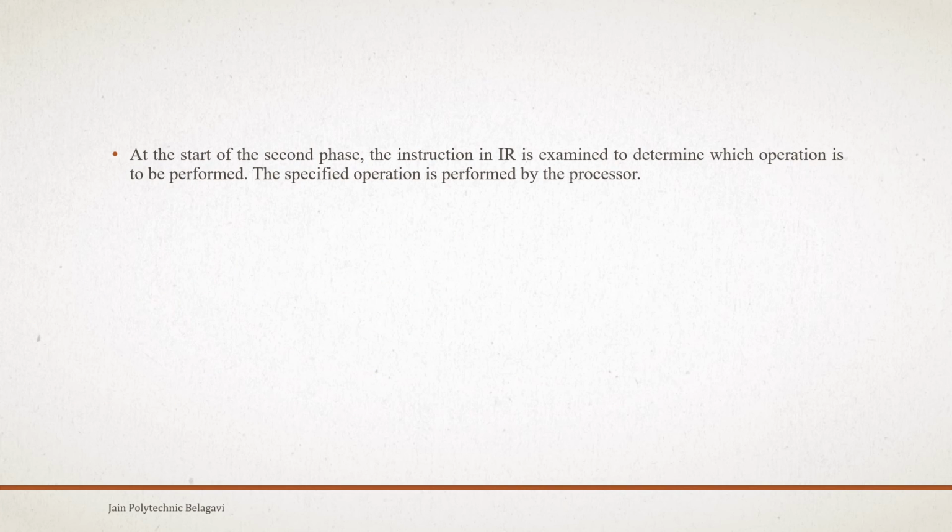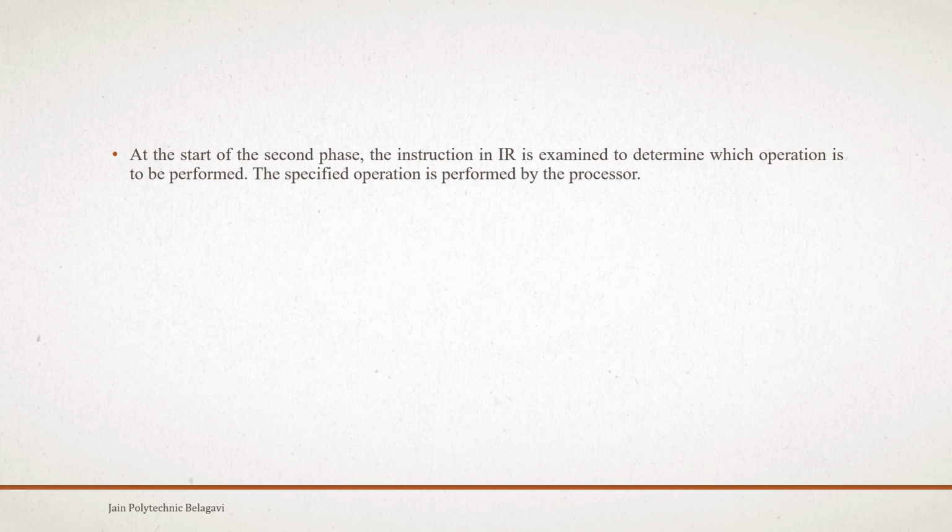After the first phase, at the start of the second phase, the instruction in the IR is examined to determine which operation is to be performed. In the first phase, the processor fetched the instruction at the address placed in the PC and placed it in the instruction register, so the instruction register now contains the entire instruction.